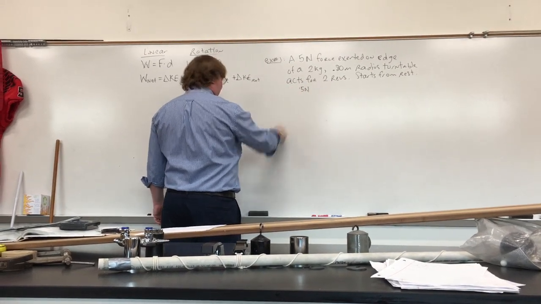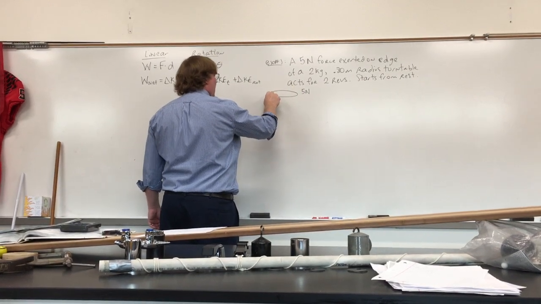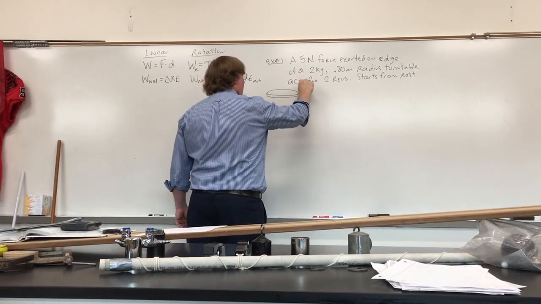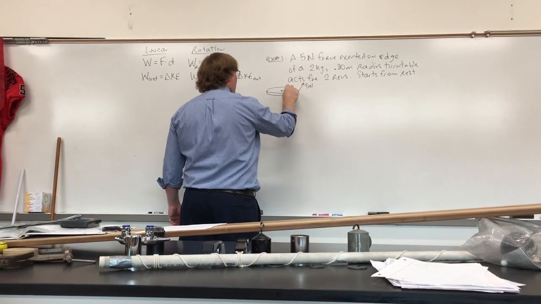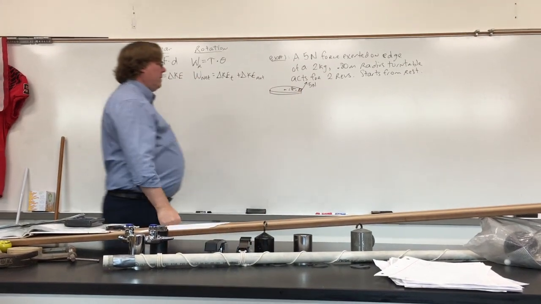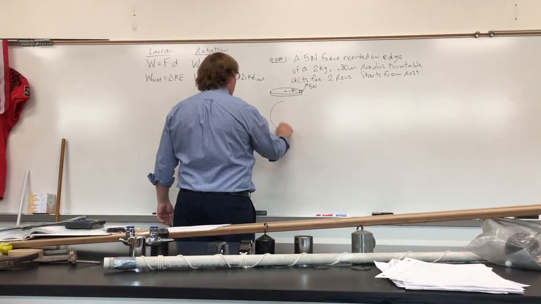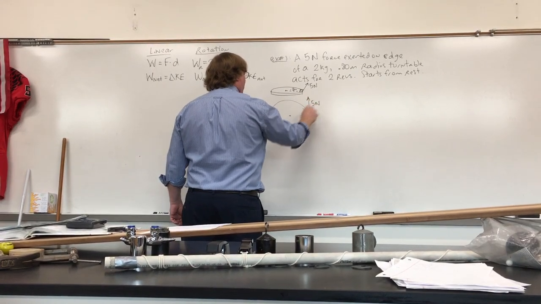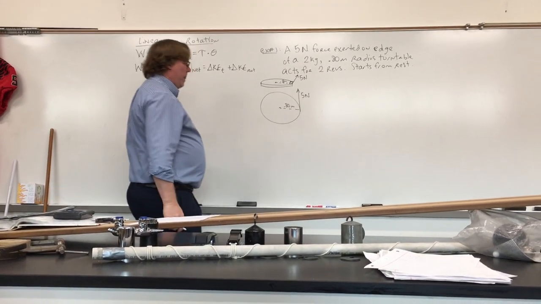I think it's because I feel like I'm in such a hurry. If I were to look straight down on the turntable, then it's a lot easier to see. I've got 5 newtons acting at a lever arm of 0.8 meters.